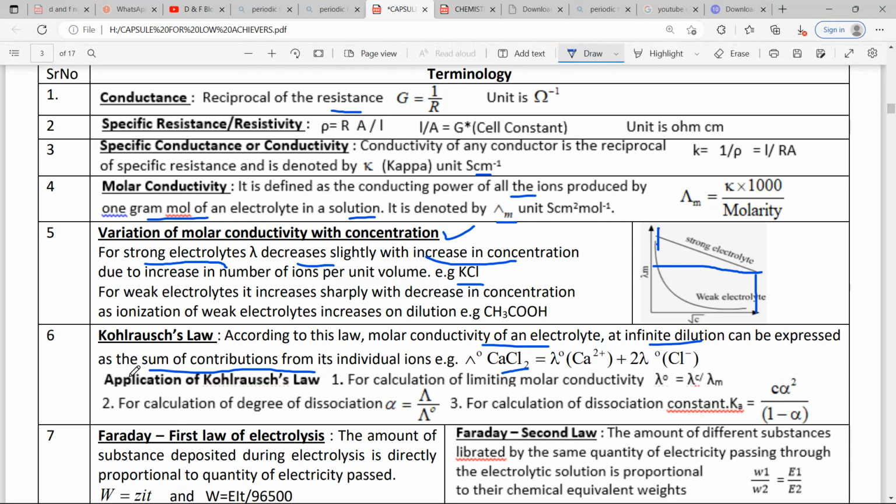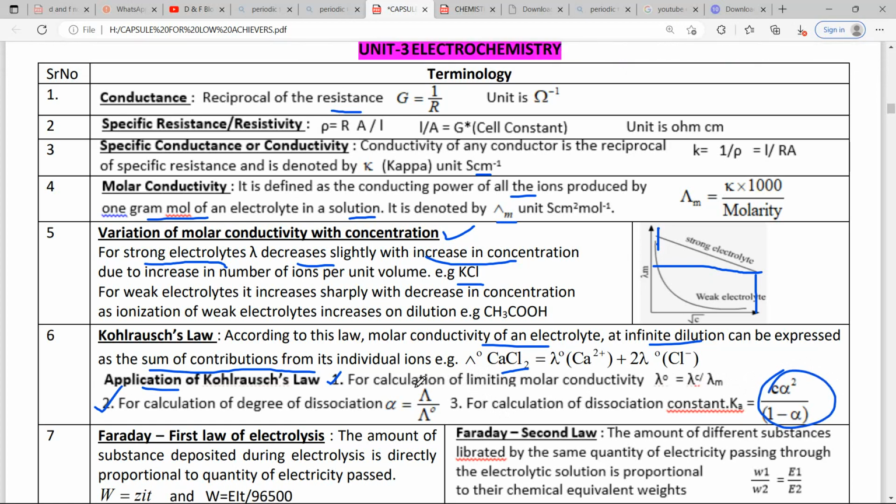These are the applications of Kohlrausch law. There are three applications. One is for calculation of limiting molar conductivity, another is for calculation of degree of dissociation, and another is calculation of dissociation constant. These formulas you have to keep in mind always for the calculation part.